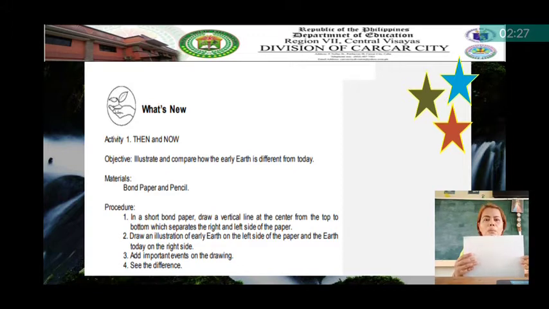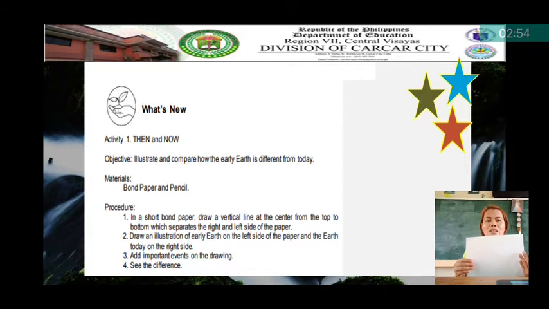Okay, so add important events on the drawing. In each side of the paper, add important events for the early Earth, which is found here on the left side, and for the Earth of today on the right side.